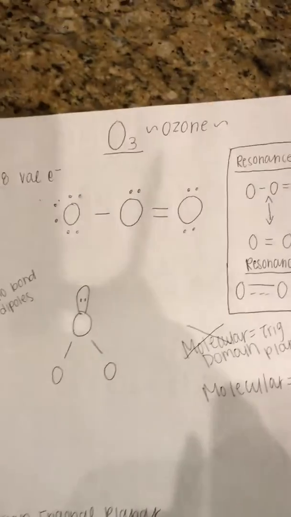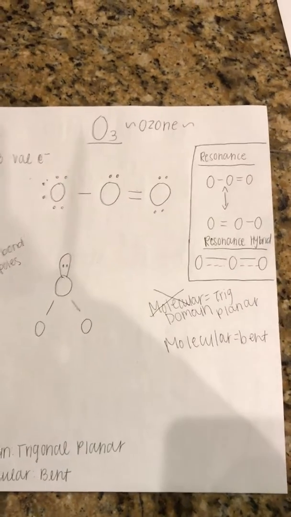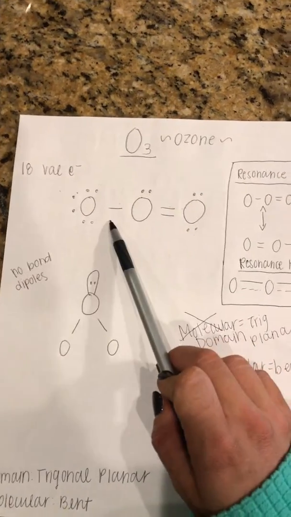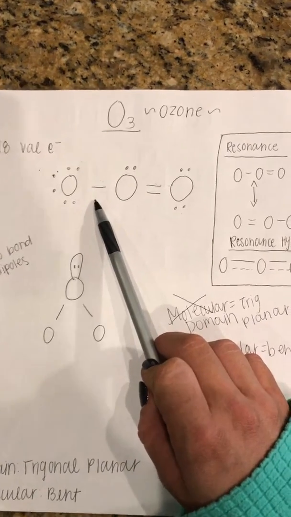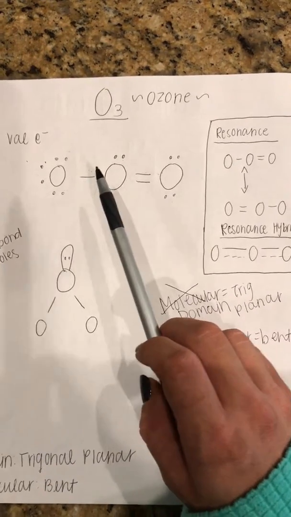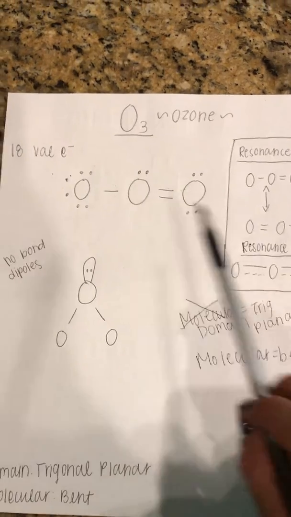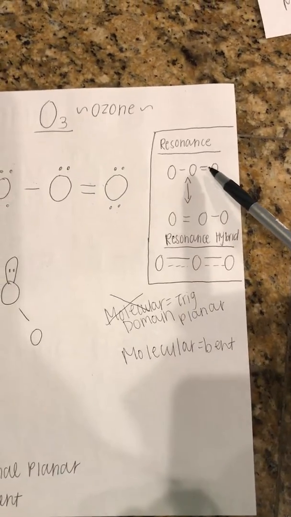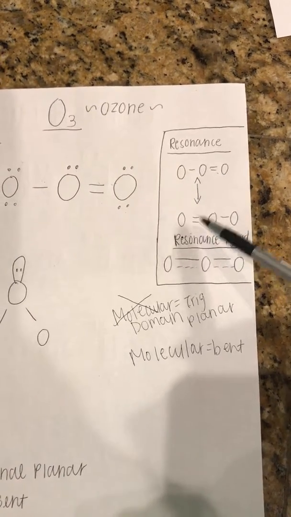Are you curious as to why I have seemed to ignore the fact that there is a double bond on the right, and a single bond on the left? These 2 domains appear not to be the same, but in fact they are the same. This molecule has resonance as shown in 2 structures here. You can either have a double bond on the right or a double bond on the left.